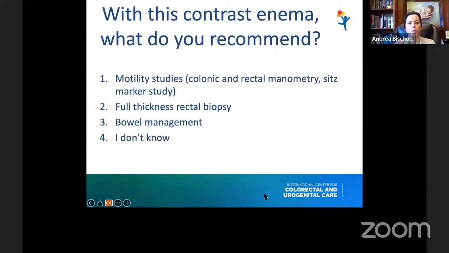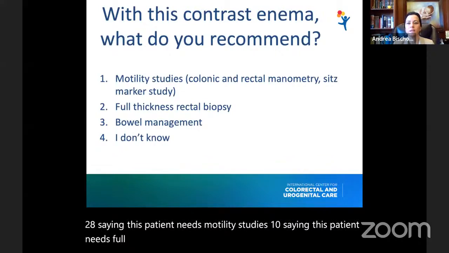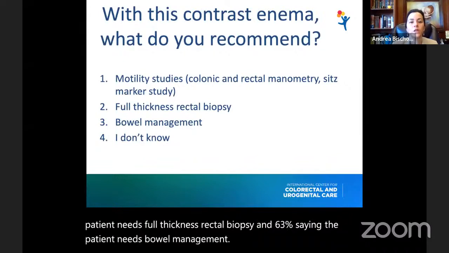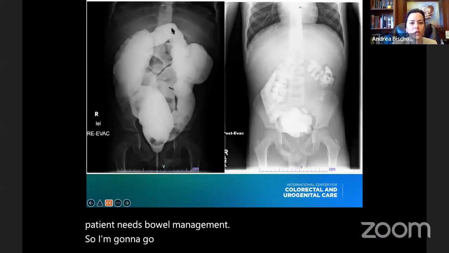Okay, we can end the poll. 28% saying this patient needs motility studies, 10% saying this patient needs full thickness rectal biopsy, and 63% saying the patient needs bowel management. Wonderful. So I'm gonna go back, and Dr. Luis de la Torre will also comment.